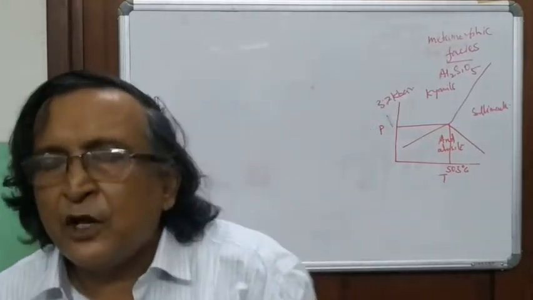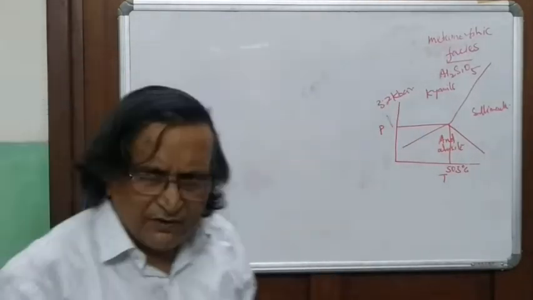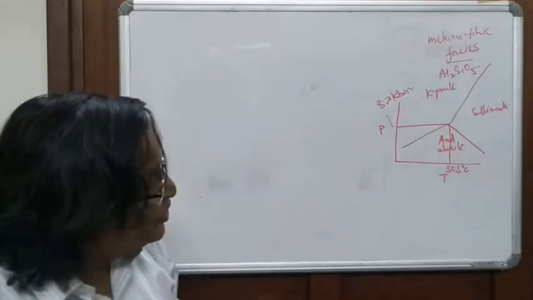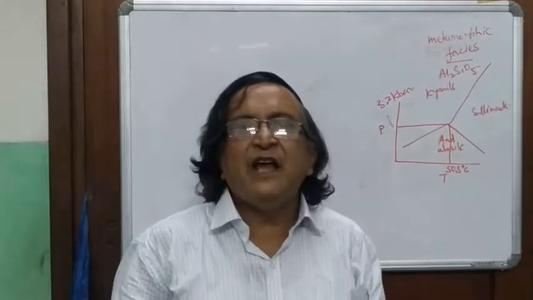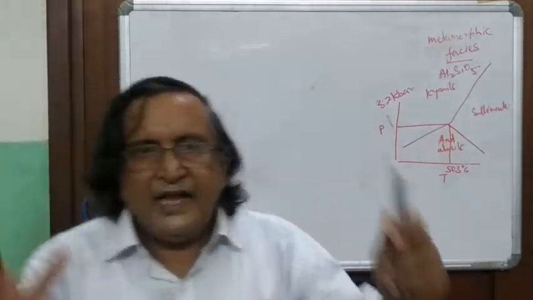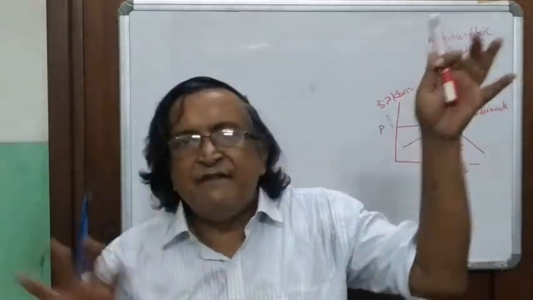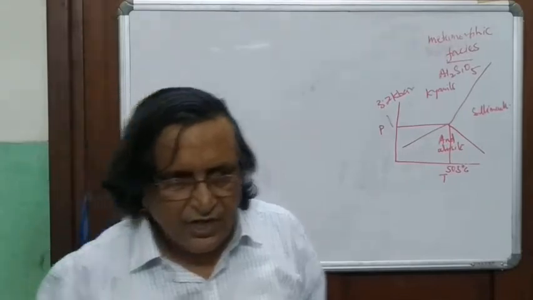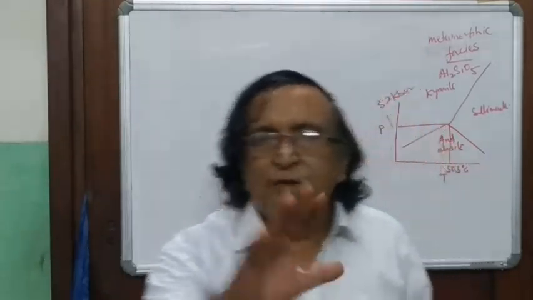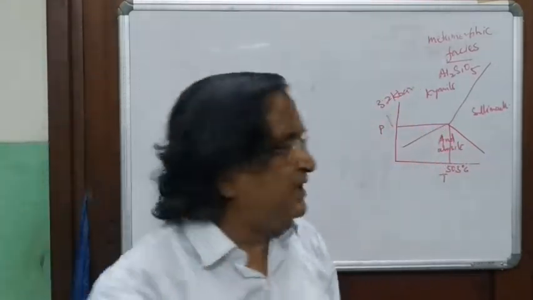All these are metamorphic minerals, generally found in metamorphic rocks. So if I have to find out the metamorphic facies, and I divide a pressure temperature diagram, I will have a network of reactions. One reaction means a particular PT condition.